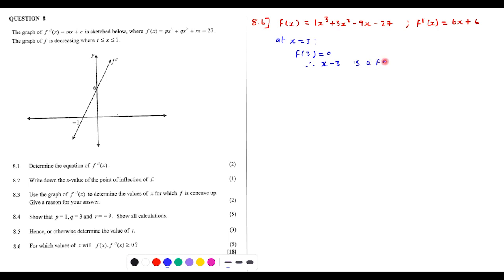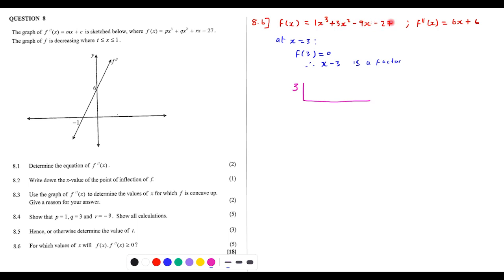Then after this, I'm going to apply synthetic division. Synthetic division helps me to find the other factors. This is how you do it. First, you take the 3 that you had and write it there, and then you draw a block like this, right? In this block, you take the coefficients of x cubed, x squared, x, and the constant.